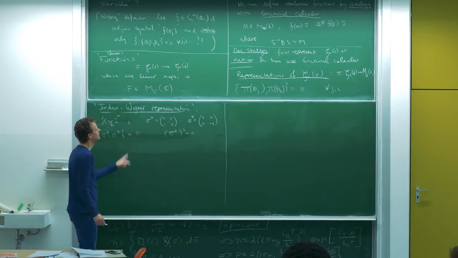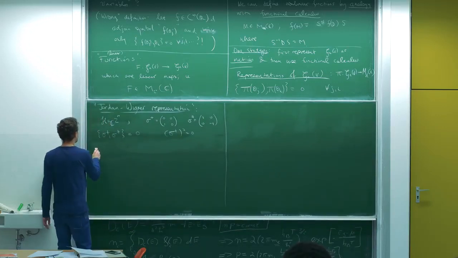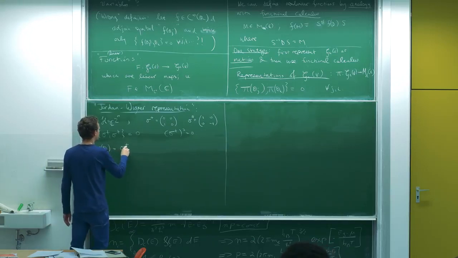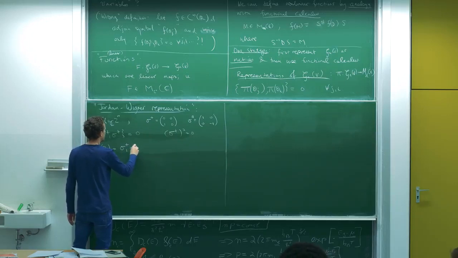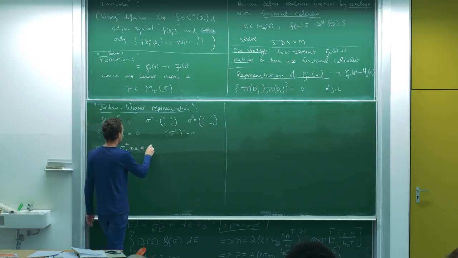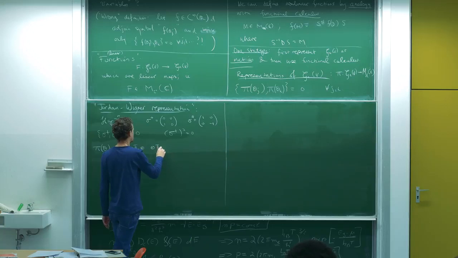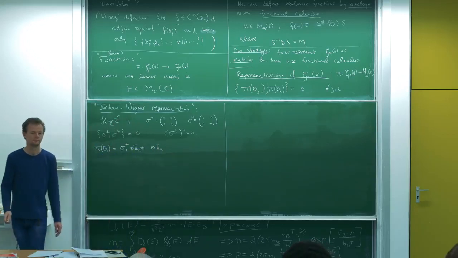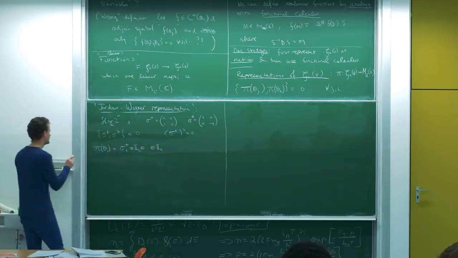All right, and then we're going to define a bunch of operators. So pi of theta 1 is sigma plus 1 tensor the identity on 2. So you've seen this before, you know what's going to come.